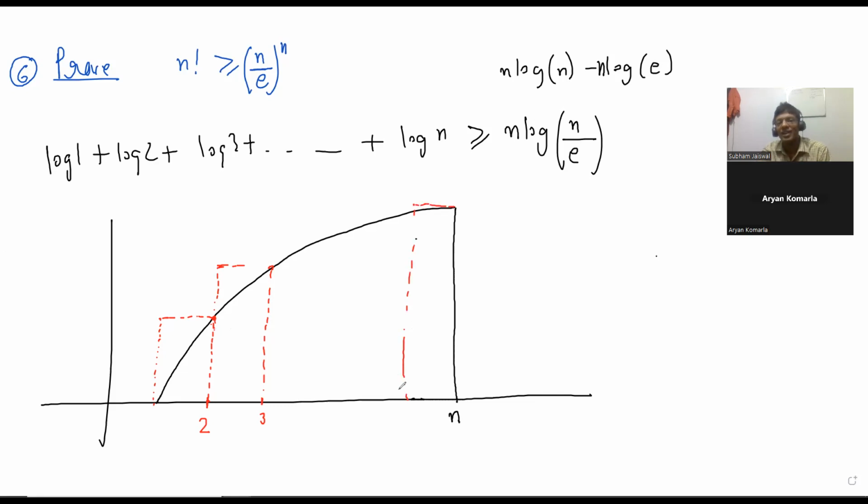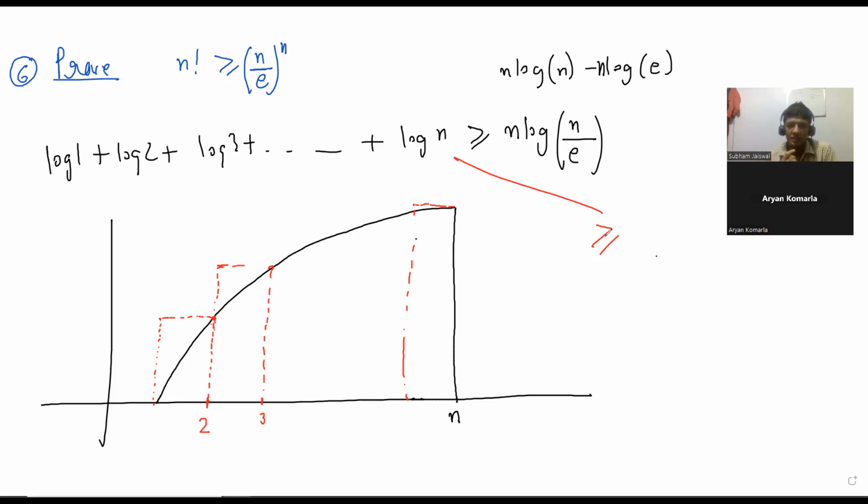log n, right? Now you can see directly from the figure, while writing you have to write a few things, but directly from the figure that this should be bigger than, what can you say in terms of the definite integral from 1 to n?